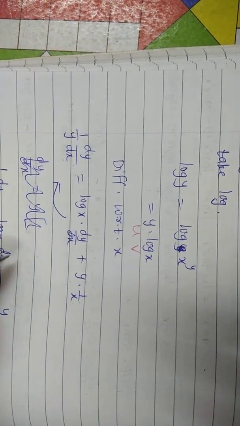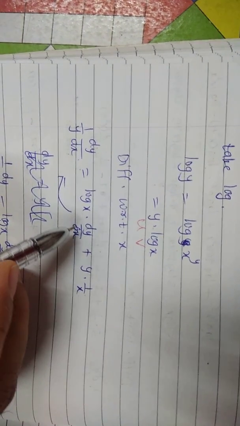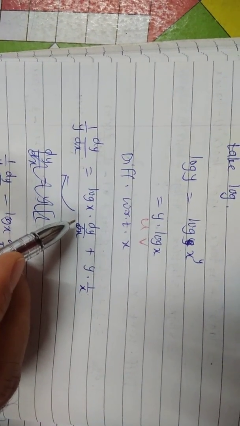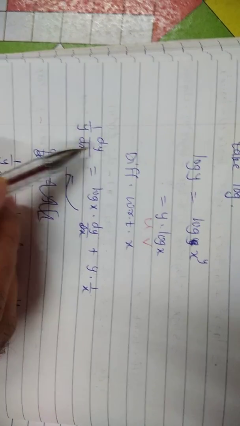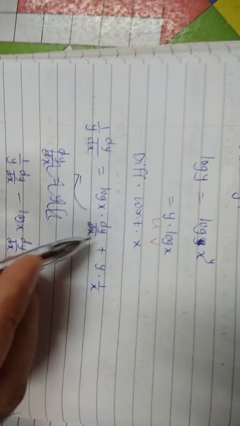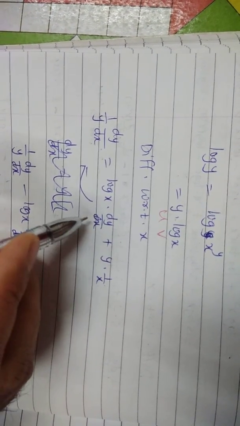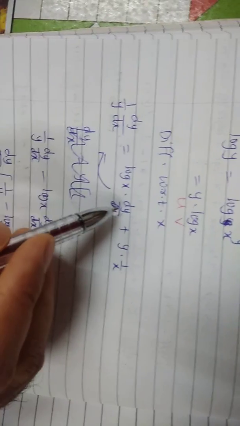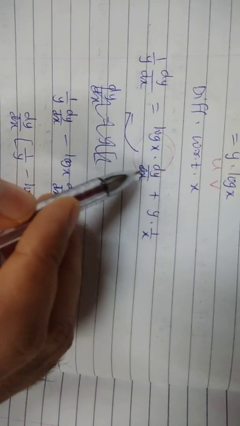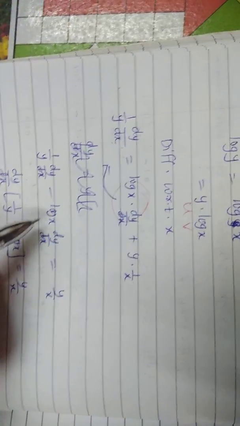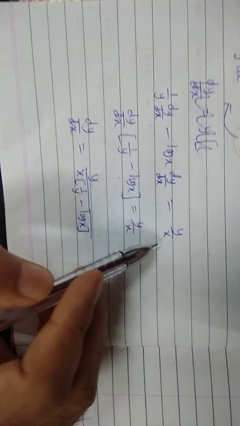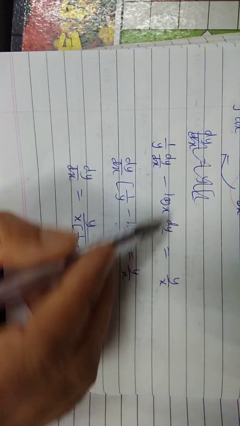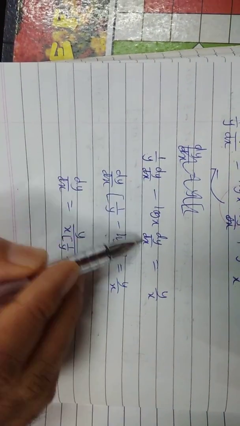Now, as in our implicit type functions, we have seen that if there is more than one dy by dx term, then we have to write all dy by dx terms on one side. So we take this dy by dx term to the left hand side and write: 1 upon y dy by dx minus log x into dy by dx equal to y upon x, taking dy by dx common from both of these terms.